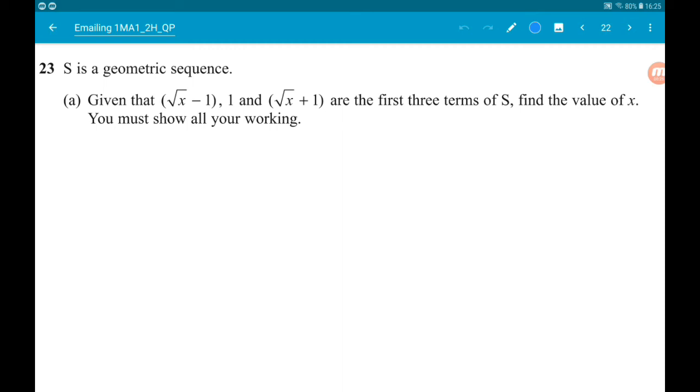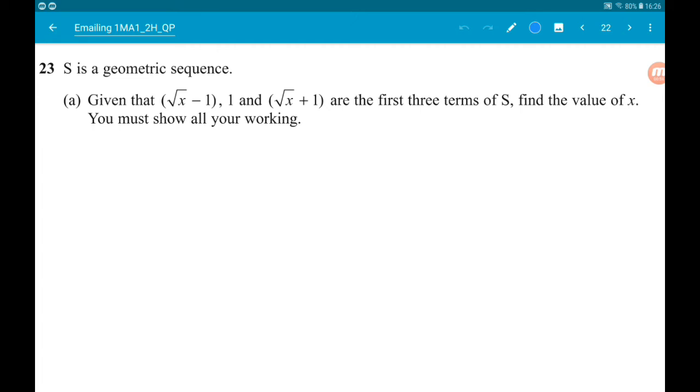Arithmetic are when you add the same amount. So we are given that root x minus 1, 1, and root x add 1 are the first three terms of S. Find the value of x. You must show all of your working.